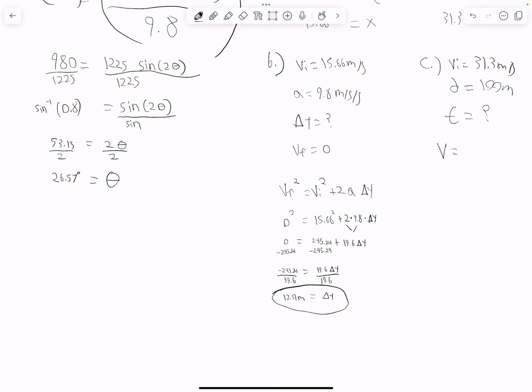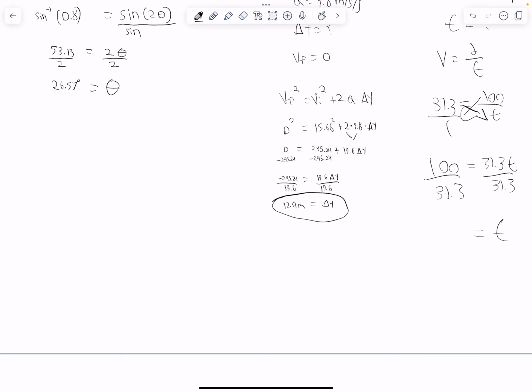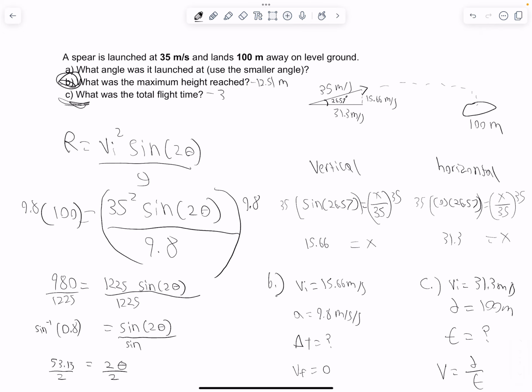We just use velocity equals distance divided by time. So 31.3 equals 100 divided by t. We're going to cross multiply. 1 times 100 is 100. 31.3 times t is 31.3t. Divide both sides by 31.3, and we should get our answer of 3.19 seconds. And that would be C, 3.19 seconds.